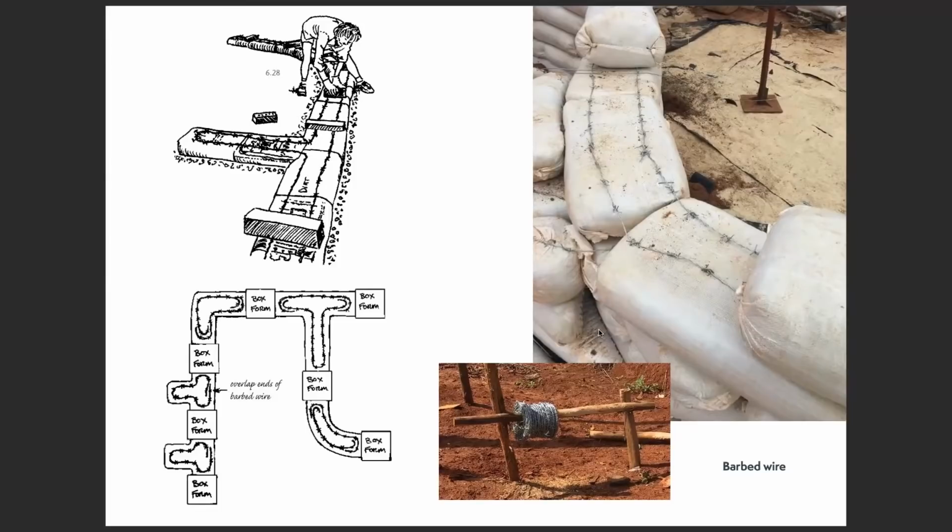But this also has the added advantage of increasing the tensile strength of the wall. So 2 lines of barbed wire will hold a lot, and we put it in every course so that we don't have any kind of slip. These 2 lines of barbed wire will achieve a lot of tensile strength to avoid any kind of movement.